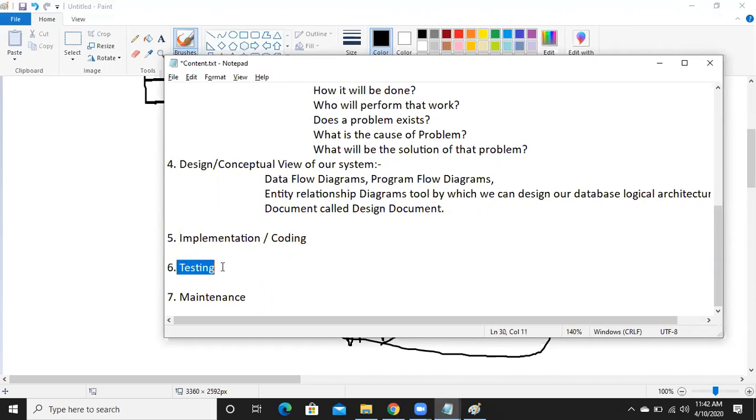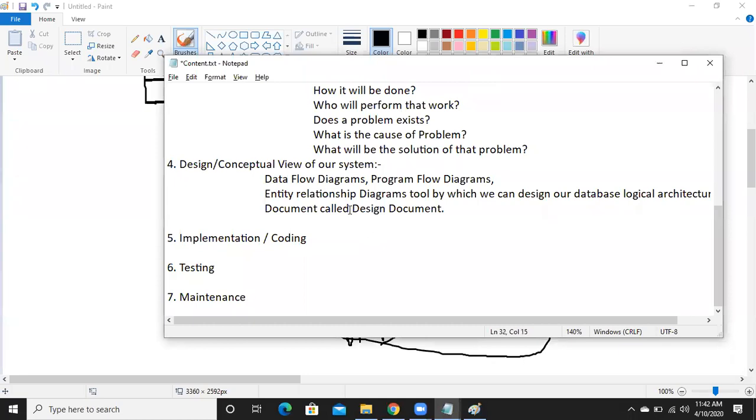If there is any exception in the testing phase, we will forward the developed system again to the developer. If there is no issue in testing, we will forward it to the maintenance staff so that they can make further improvements in our system, right?